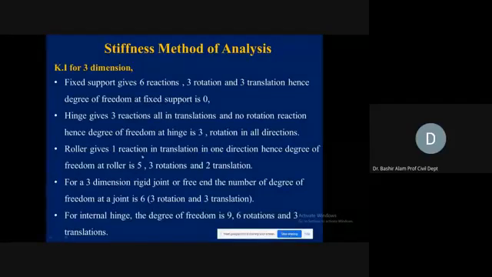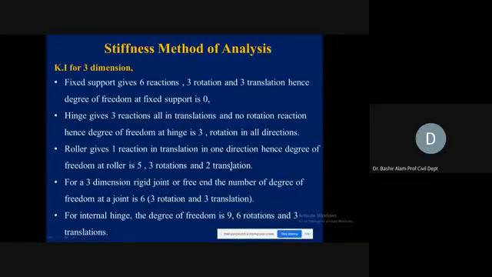Next, we have roller gives 1 reaction in translation, 1 in 1 direction, hence degree of freedom at roller is 5. 3 rotations and 2 translations we will have as unknown. So it means 5 degrees of kinematic indeterminacy in case of the three-dimensional structures.